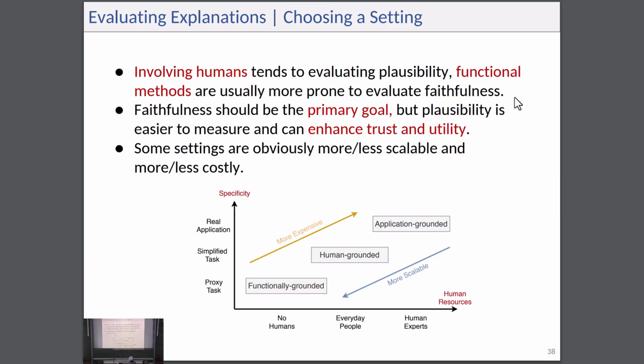Good. So when it comes to choosing a setting, there are rules of thumb that I tried to put out there, but of course, as I said, most things that involve humans are skewed towards plausibility. Most things that do not, hopefully, will tend more towards faithfulness, which I believe should be the primary goal of evaluating explanations. But plausibility is actually easier to evaluate just because any one of us can do it.